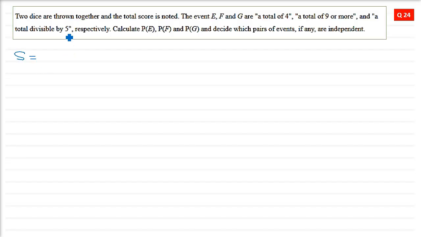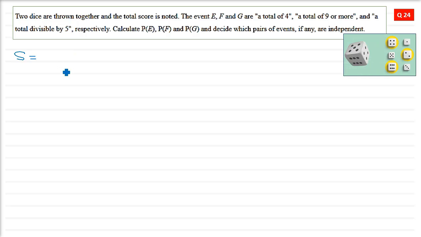For this question, the sample space is a must. In the sample space, one die has numbers 1 to 6, the second die has numbers 1 to 6. I already told you how to write down this sample space. The first die can have 1, the first die can have 2. So just write 1, 2, 3, 4, 5, 6 in 6 rows, 6 times.